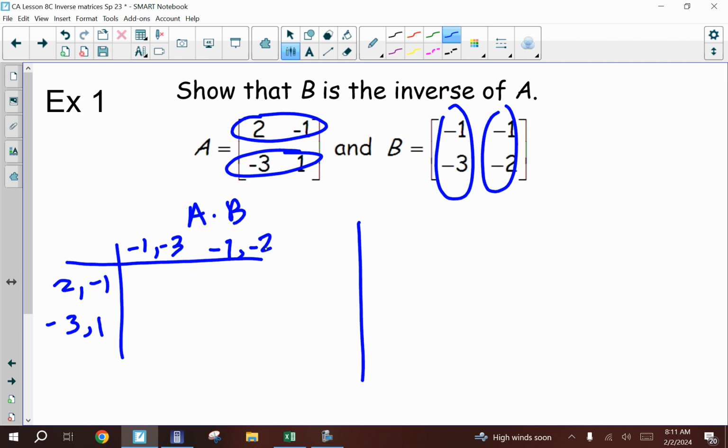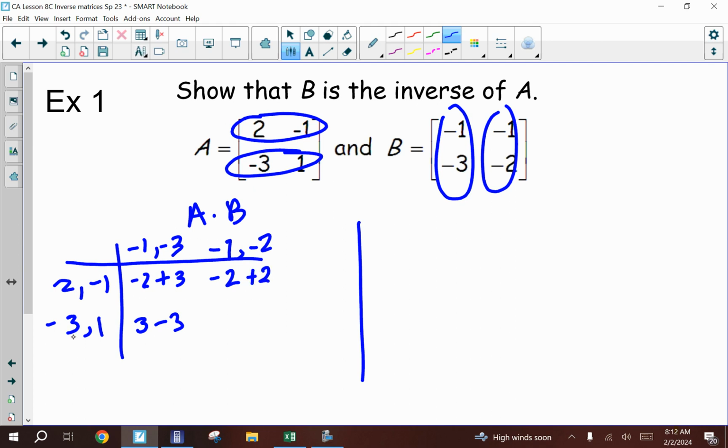So then we do our multiplying. 2 times -1 is -2. -1 times -3 is +3. Then we have -3 times -1, that's 3. And then 1 times -3 is -3. And then 2 times -1 is -2. And then -1 times -2 is +2.